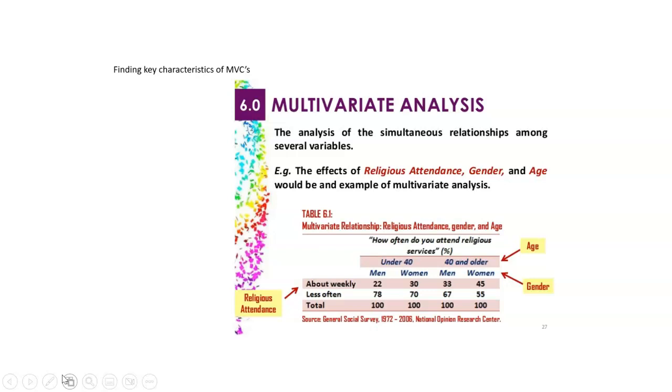Just eyeballing these data, we can say that age and gender both contribute, and that the people who go the most tend to be women, 40 and older. 45% of that group goes to church about weekly.